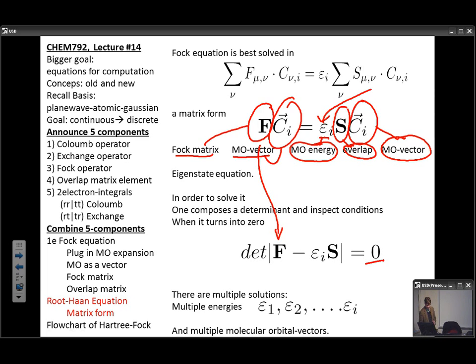So we take the Fock matrix, we take the overlap matrix, put here the unknown energy, and find at which conditions this determinant will be equal to 0. And by programming this, one is getting a set of eigenvalues, so those are energies of molecular orbitals, and a set of vectors representing molecular orbitals.